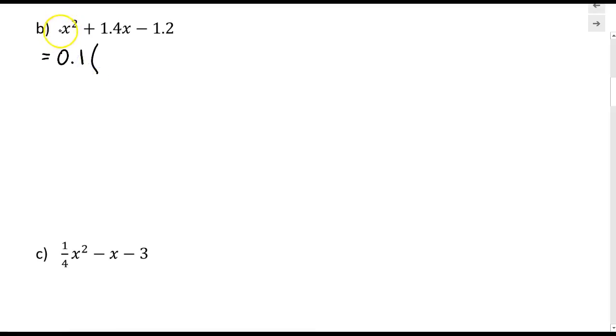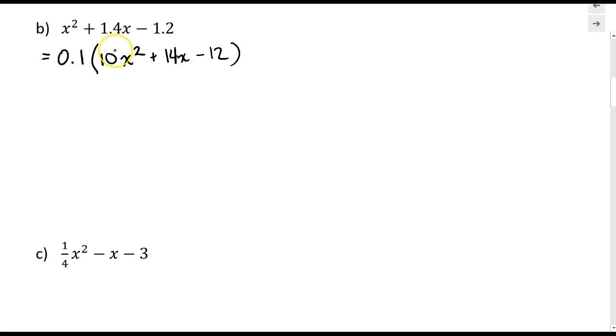So originally we have 1. 1 divided by 0.1 is like 1 multiplied by 10. So we're actually left with 10x squared plus 14x minus 12. And all of a sudden, this becomes a slightly more manageable piece of information.